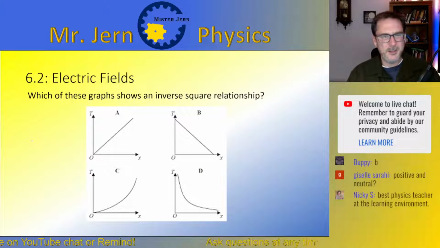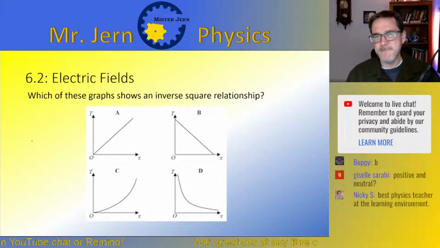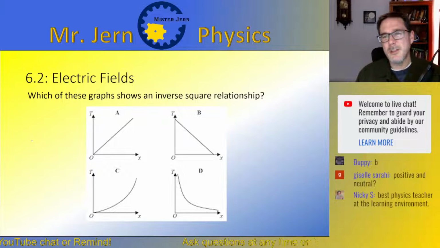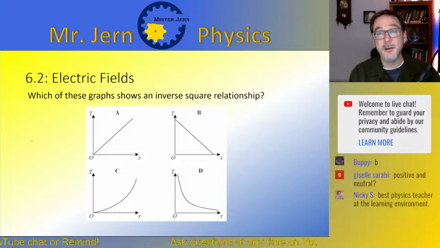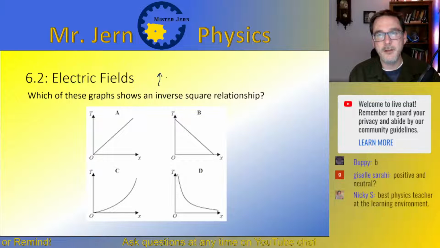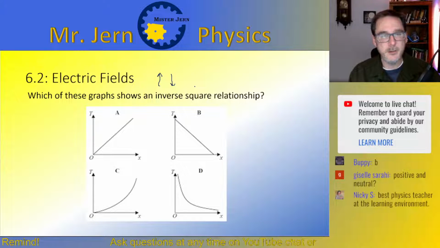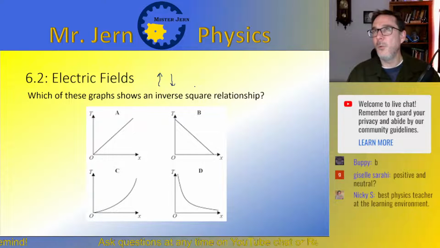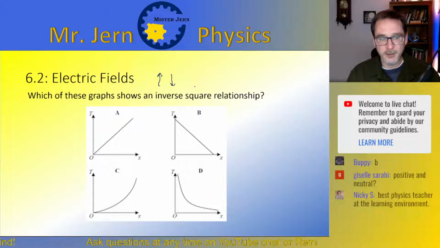This is a question that is kind of out of nowhere. Which one shows an inverse square relationship? Well, inverse and square, two things. Inverse means that if one side goes up, the other side goes down. You flip it over. 2 becomes half, 3 becomes a third, 4 becomes a fourth.